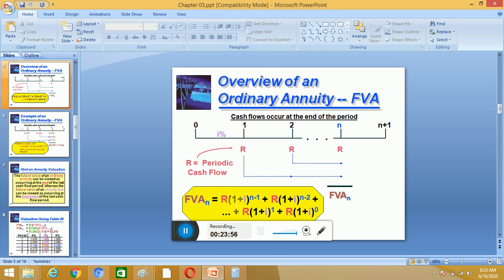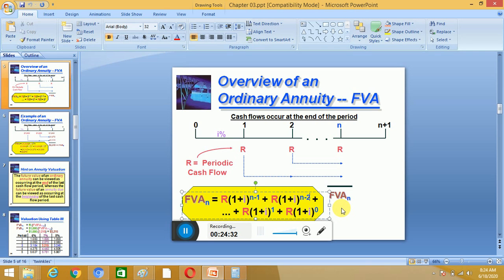This is the formula: R(1 plus I) power n minus 1, R(1 plus I) power n minus 2, plus so on, R(1 plus I) power 1, and the last one plus R(1 plus I) power 0, which is n minus n. So this is basically the formula to calculate the future value of annuity.